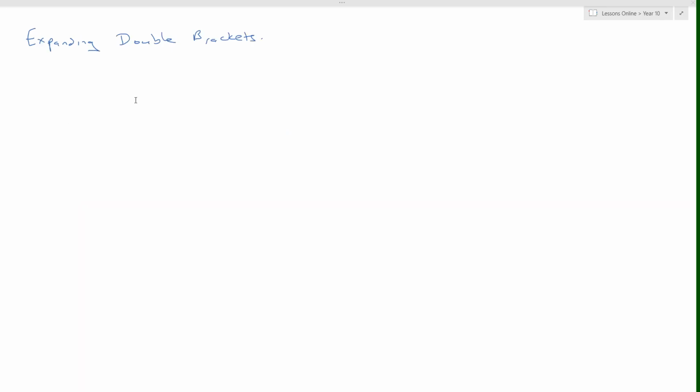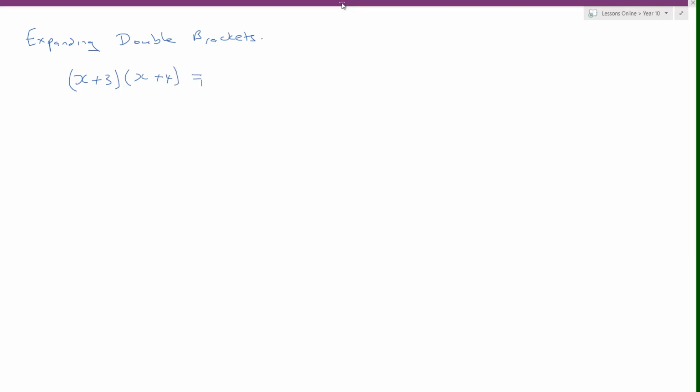Okay, so now we carry on with expanding double brackets. A bit more practice. Can you recall how to expand x plus 3 times x plus 4? First, everything in these brackets is going to multiply everything in these brackets.